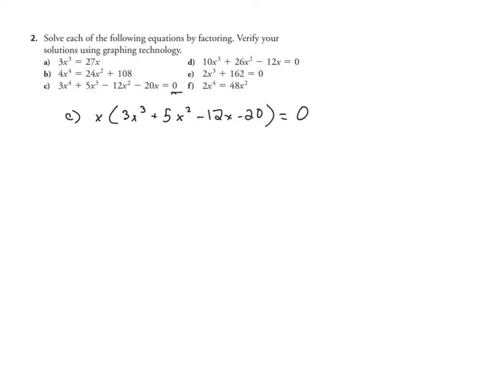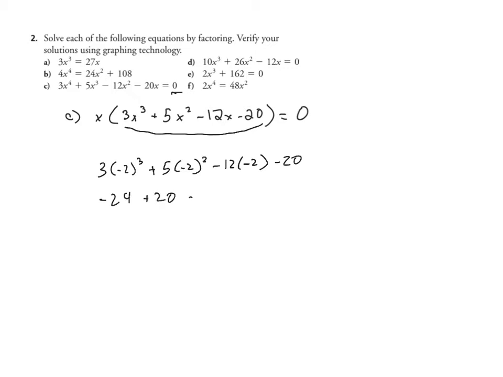All right, now we have to find something that'll make this equal to 0. Let's try -2. So 3 times -2 cubed plus 5 times -2 squared minus 12 times -2 minus 20. This is -24 plus 20 plus 24 minus 20.